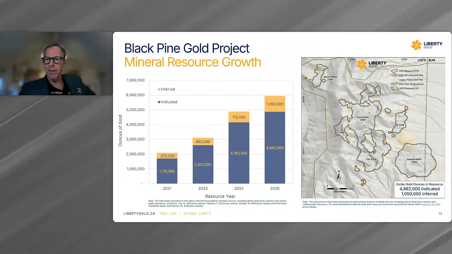This is exactly the same style of deposit and grade distribution. And you can see in the outline on the right-hand side, that's the pit shell that defines the resource. And you can see the mineralized centers, where in the previous slide you saw Discovery has a high-grade core, as does Rangefront.